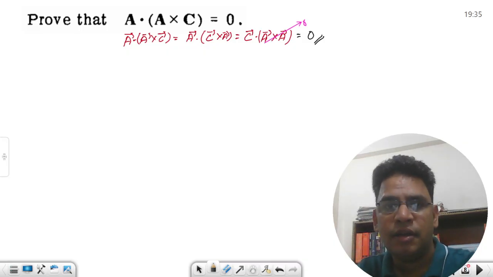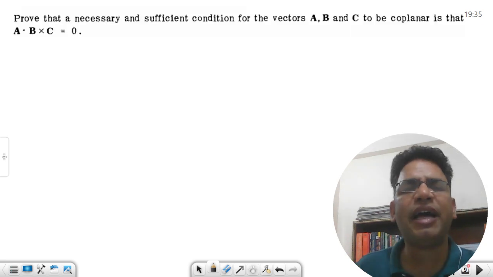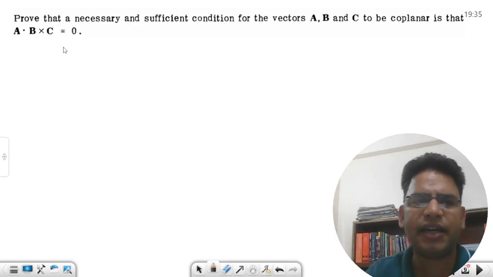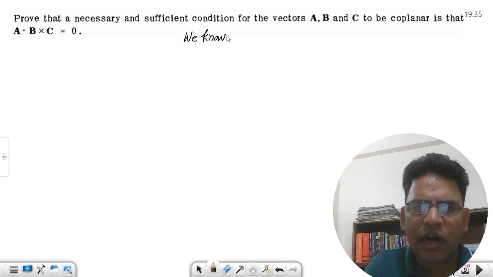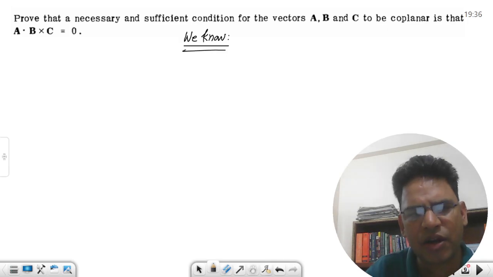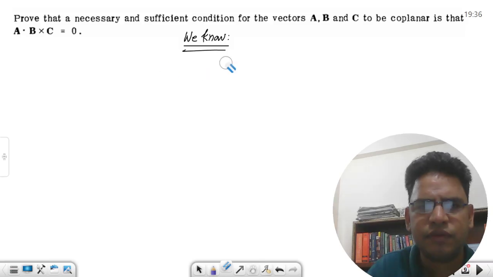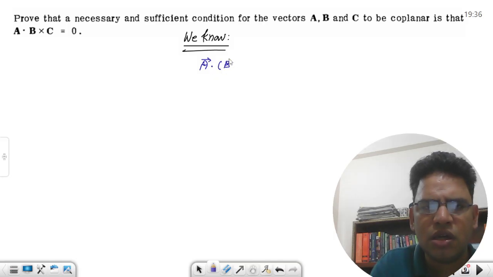All right. See, again, other questions for you. Prove that the necessary and sufficient condition for the vectors A, B, C to be coplanar is that A dot B cross C is 0. Okay, we know what we know. हमें पता है जब भी हमारे पास यह quantity A dot B cross C होगा, it is what?